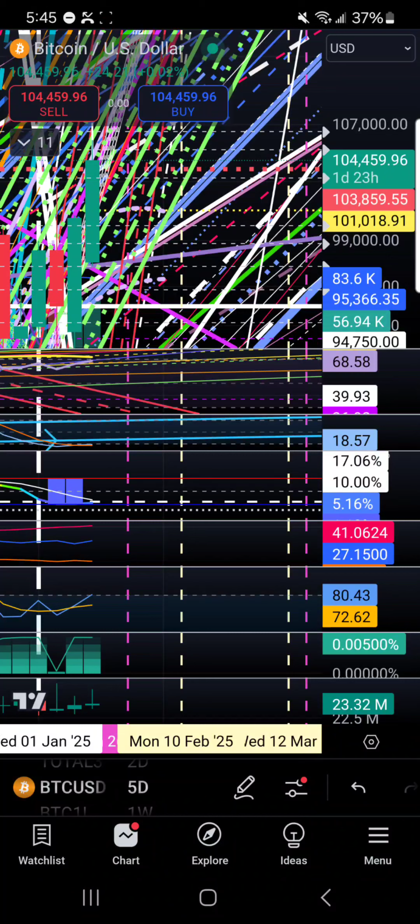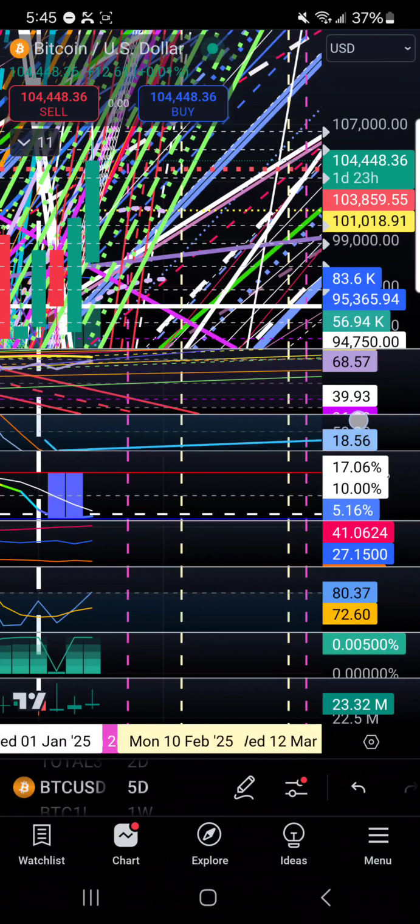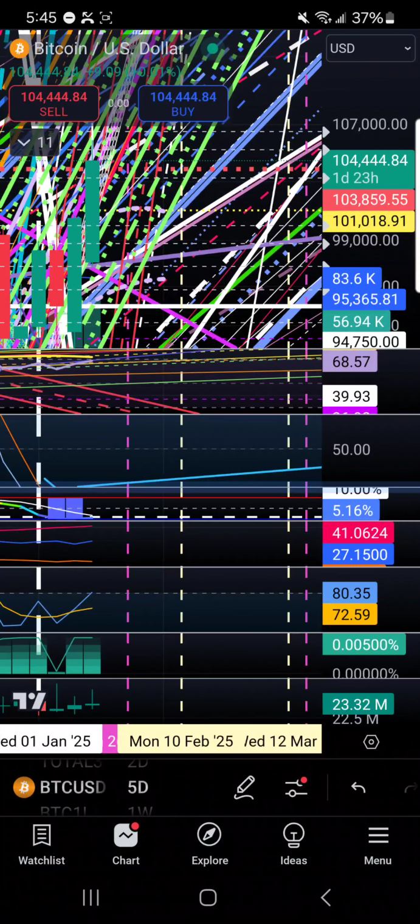So now here we are. The BBWP is at 5.16 now. Stochastic oscillator is heading upwards and crossing above the 80 level, and the stochastic RSI right here, let me make this one smaller.